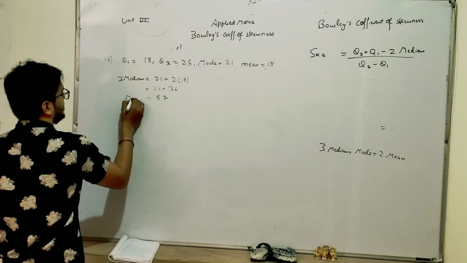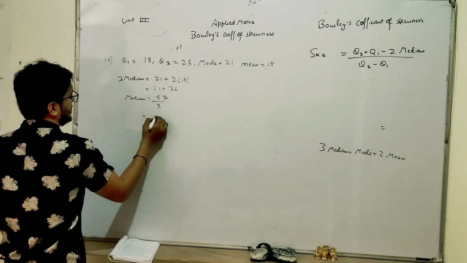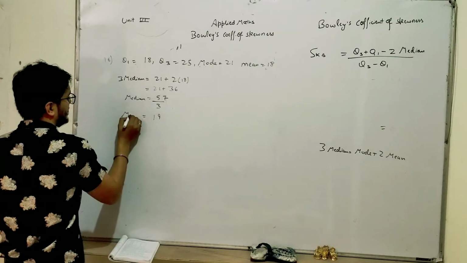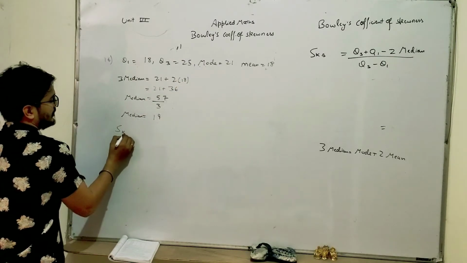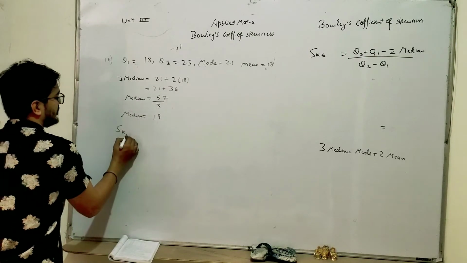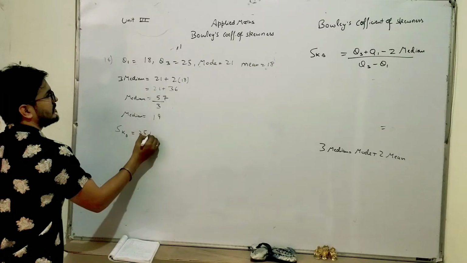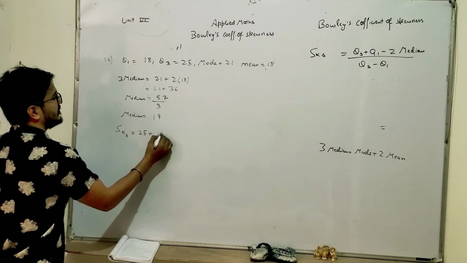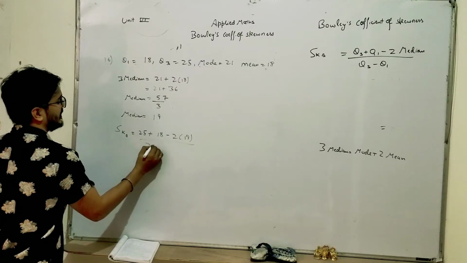Now median is equal to 57 divided by 3, which is 19. Now Bowley's coefficient of skewness is equal to Q3, 25, plus Q1, 18, minus twice the median, divided by 25 minus 18.